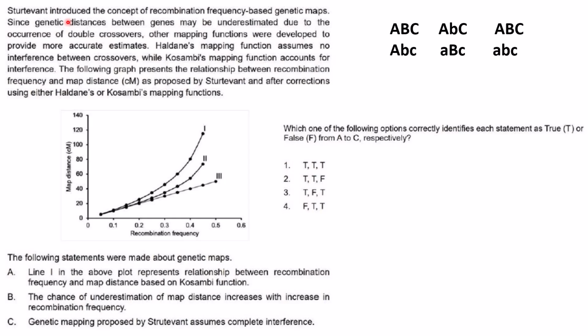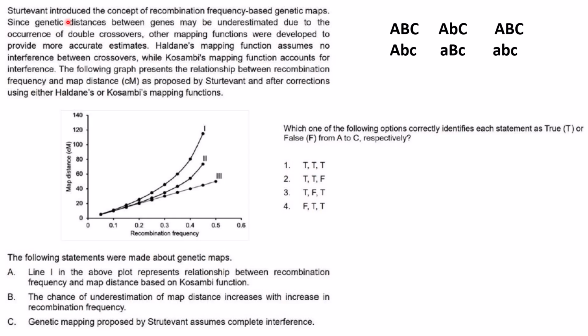Interference means if one crossover is taking place in one place, it will interfere with the occurrence of a second crossover nearby. So complete interference means no crossover occurring at all in a nearby place. So he was considering only single crossover events, not double or multiple crossover events.